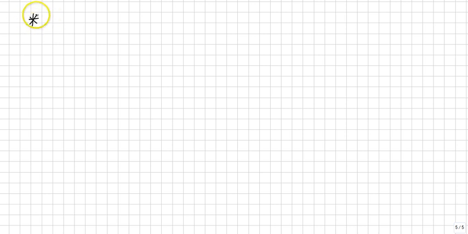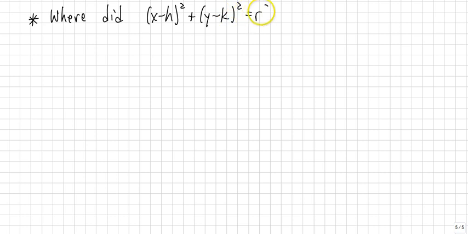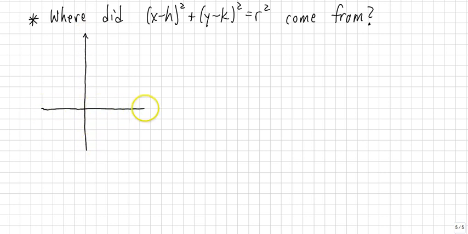So where's that equation come from? Well, it's actually pretty simple to show compared to some other derivations and proofs. It's actually pretty simple to see where it comes from.